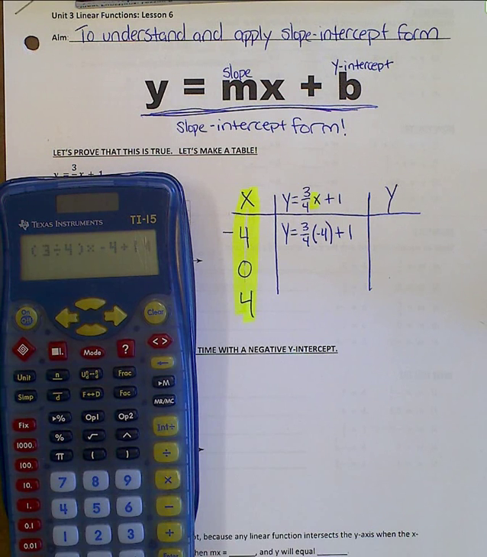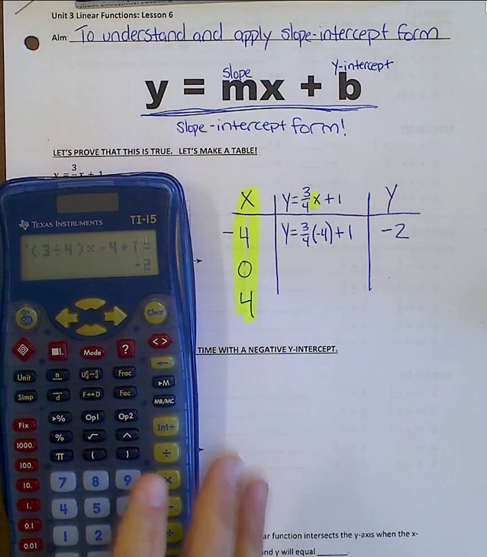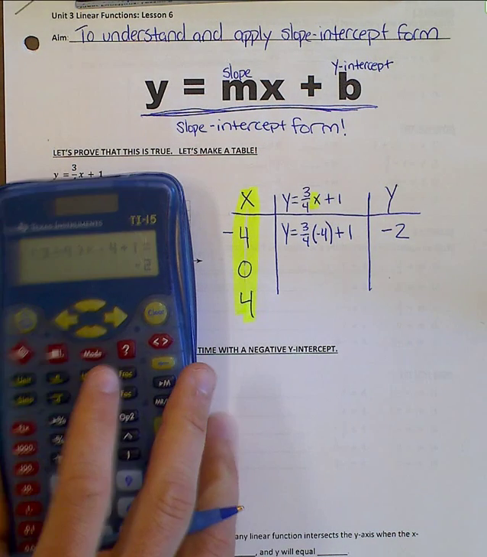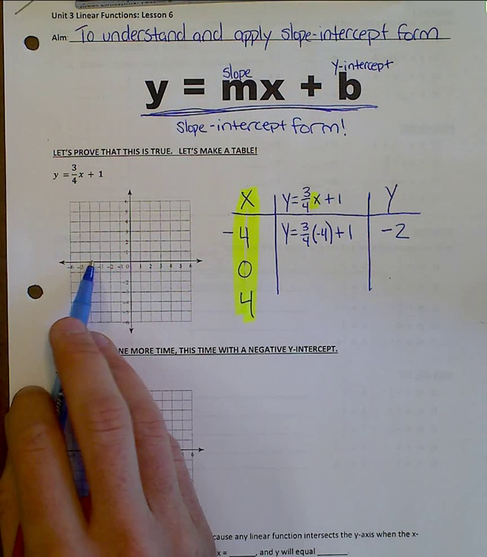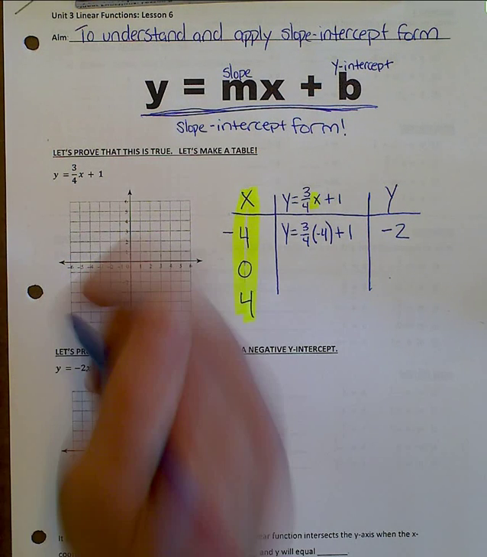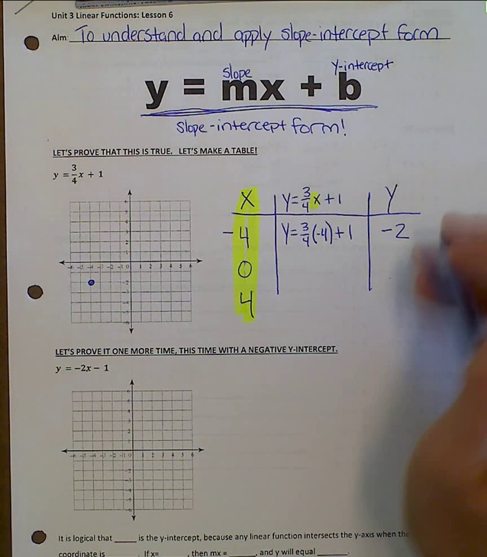I input -4 and I get an output of -2. So the coordinate of my first point is -4, -2, right here. And I could do that for each of these. Again, you can do this using a calculator, just plugging in your inputs and getting an output.